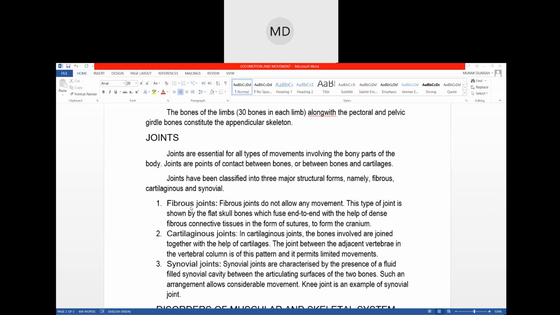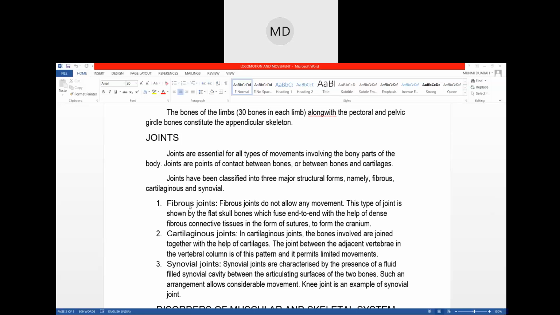Like you have seen an owl, a bird. That owl can move its head 360 degrees. But we cannot move our head 360 degrees. For the owl, the joint in the neck region allows movement for 360 degrees. So that differs, okay?